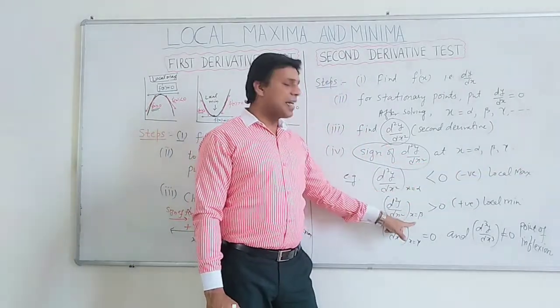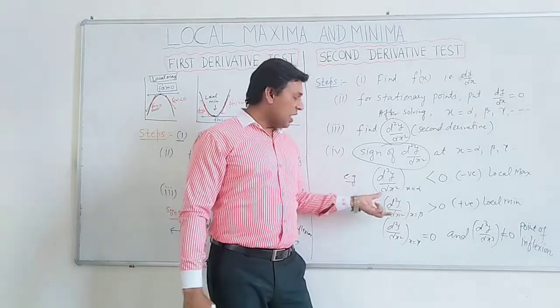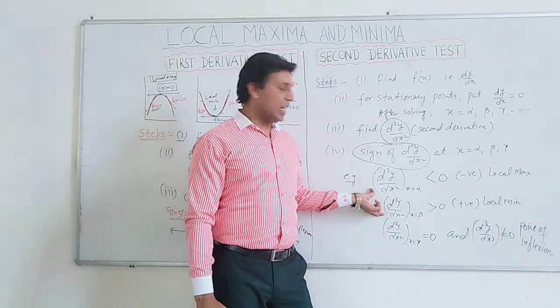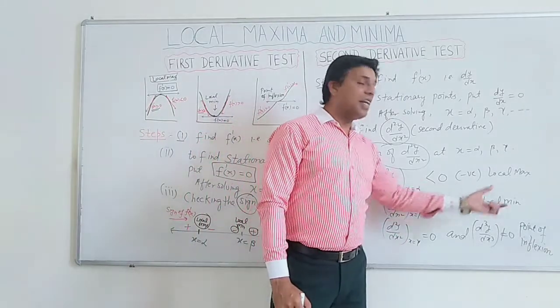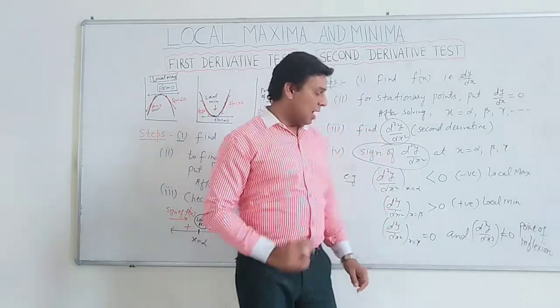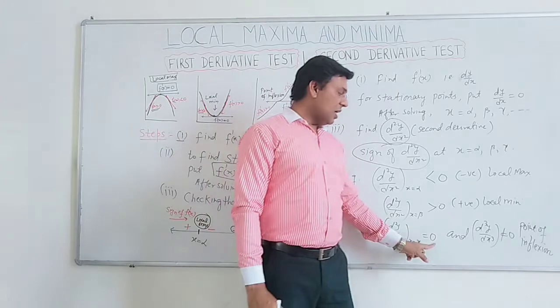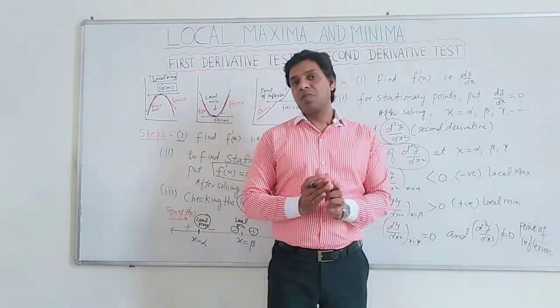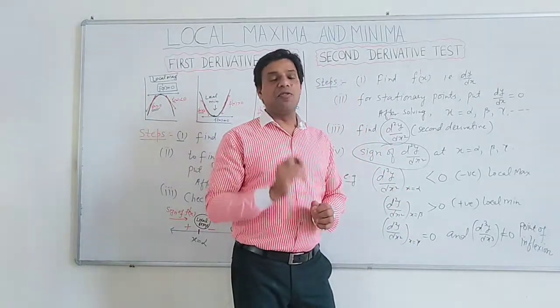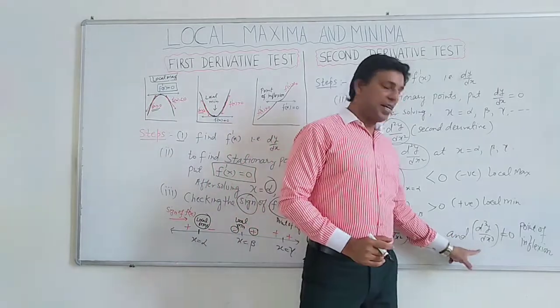And suppose at any point, maybe beta, the sign of the second derivative is positive, then it will be a local minima. And if at any point the second derivative becomes 0, then we need to find the third derivative.